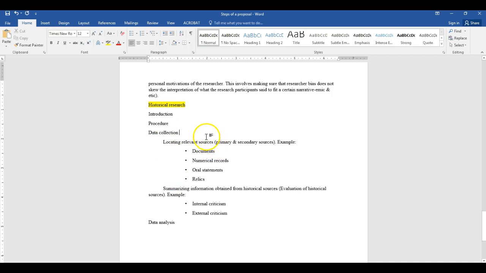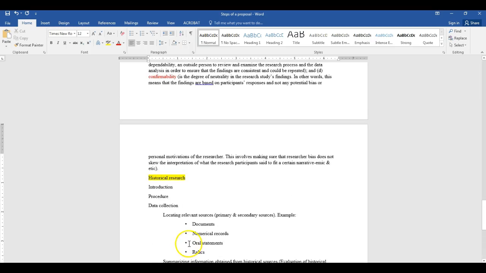What are you going to do in order to locate resources? What kinds of resources are you going to use? Summarizing the information. How are you summarizing them? And what will you do in order to look at internal criticism and external criticism? Actually, you're going to tell me how it's internally valid and externally valid, your own sources that you picked.